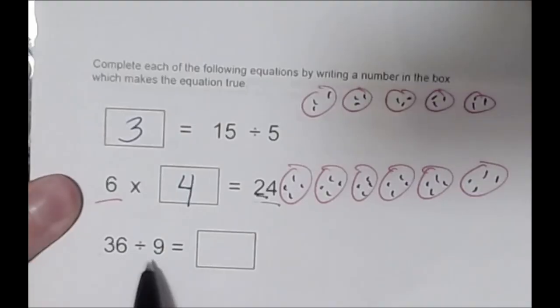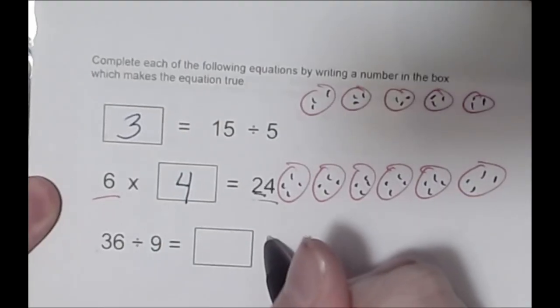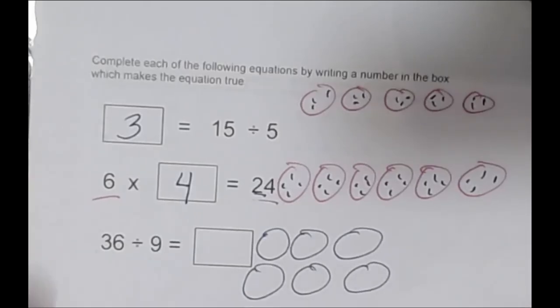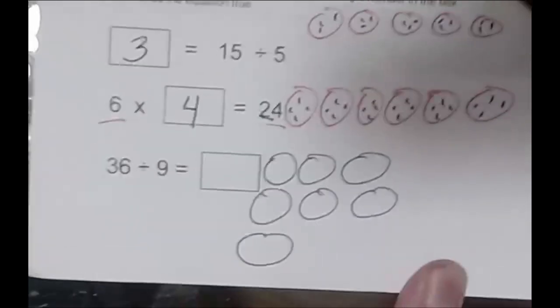36 divided by 9. Again, make your 9 groups. 1, 2, 3, 4, 5, 6, 7, 8, 9. Oops, you can't see my paper.